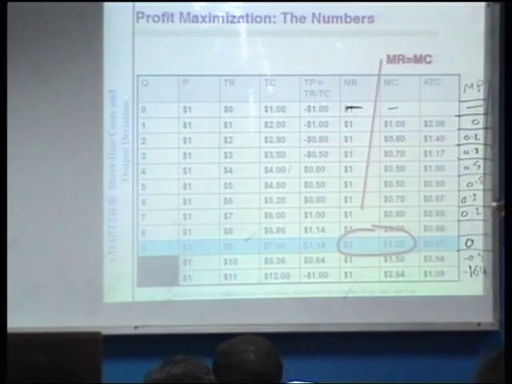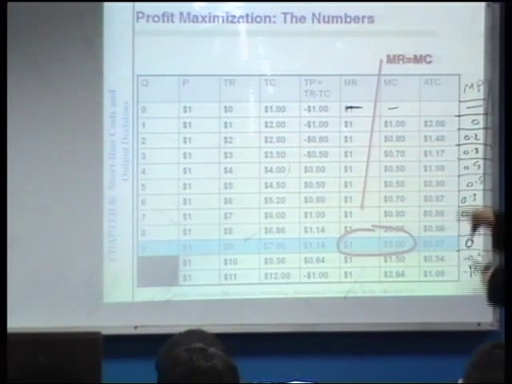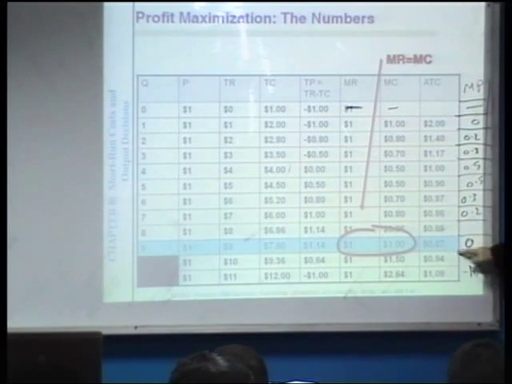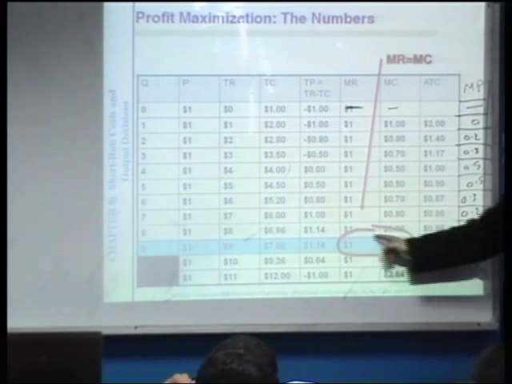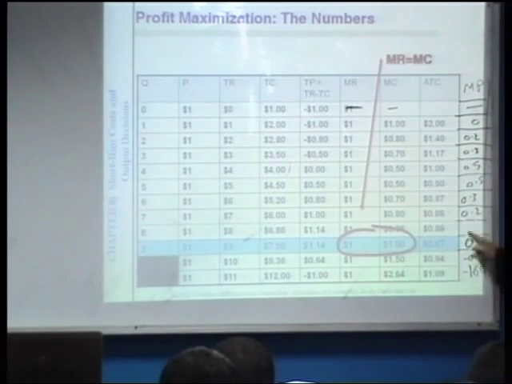So where is the profit maximized? When the marginal profit equals 0. Do you see? Where is the profit maximization? When the marginal profit equals 0.